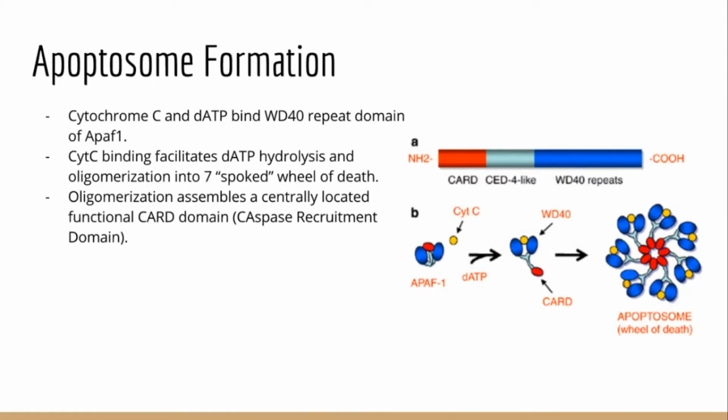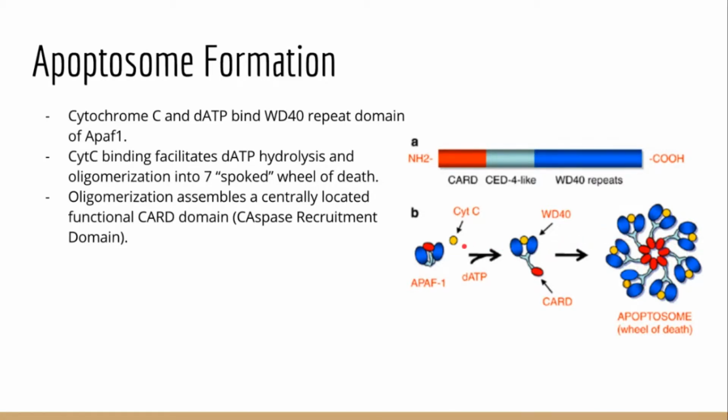Once 7 of these APAF1 proteins have been functionally oligomerized by cytochrome C and dATP, they will have formed at the center of this entire wheel of death complex a functional CARD domain, standing for Caspase Recruitment Domain, which is exactly what it does. It recruits and activates Caspase-9, and we'll discuss that in a bit.